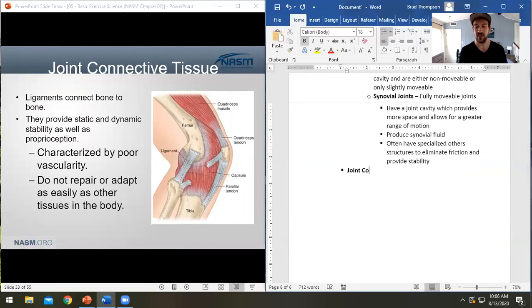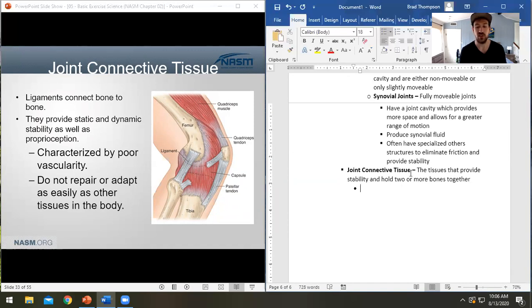So joint connective tissue, right? This is going to be the tissues that provide stability and hold two or more bones together, right?